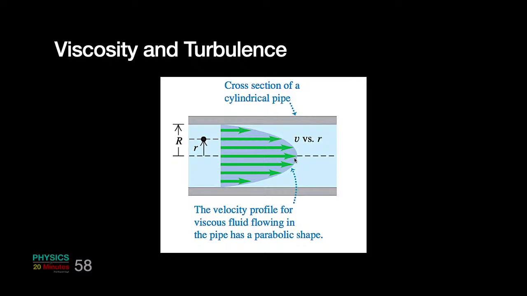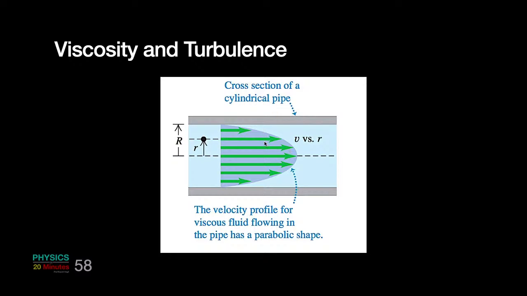So at the center, the speed is maximum, and as you come from the periphery towards the center, a velocity gradient exists. So if in one layer the velocity is v1, then here the velocity is v1 plus delta v, and here v1 plus delta v plus delta v.